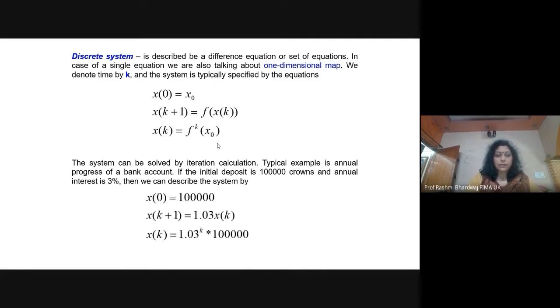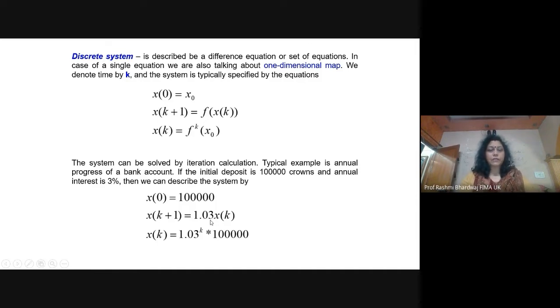This is an example, like the annual progress of a bank account. If the initial deposit is, suppose, 1 lakh rupees and the annual interest is 3%, then we describe the system as x naught is the initial amount, which is 1 lakh. Then x of k plus 1 is 1.03 times xk, because the interest is 3%.